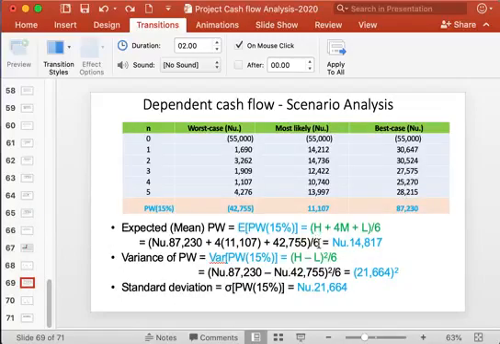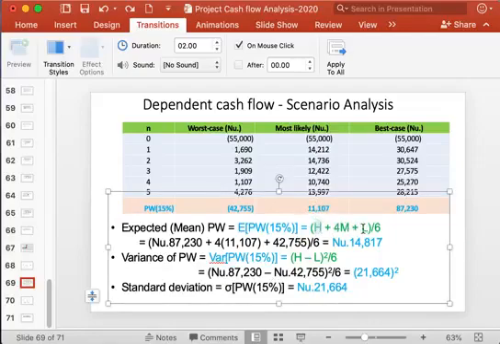Here, the present worth of each case are related in terms of this function. So the interrelationship across and along each of these cases are actually aggregated in this formula, and that is taken care in case of scenario analysis.